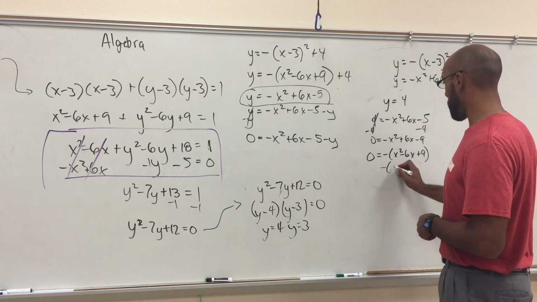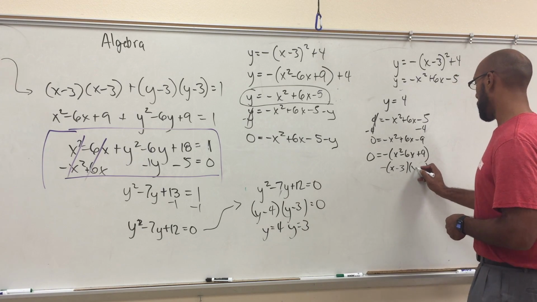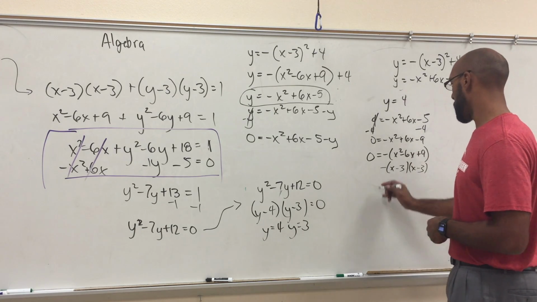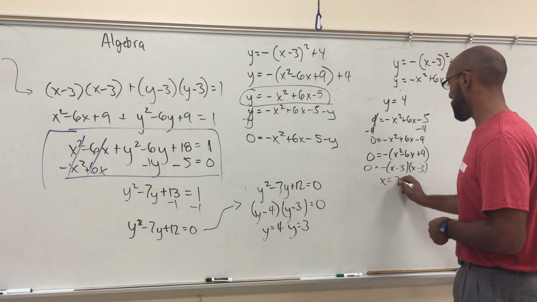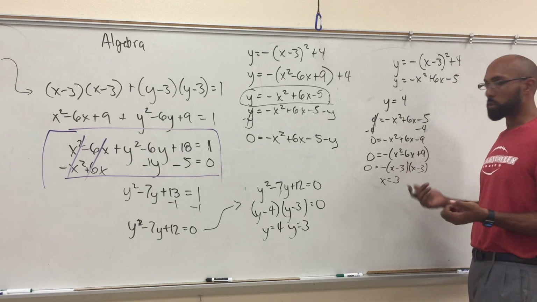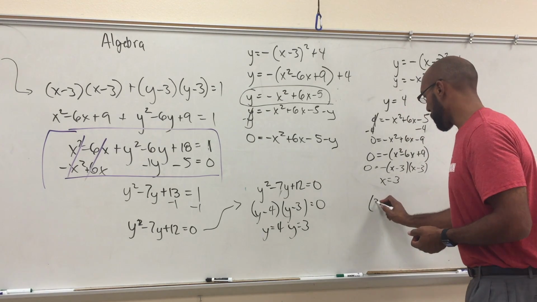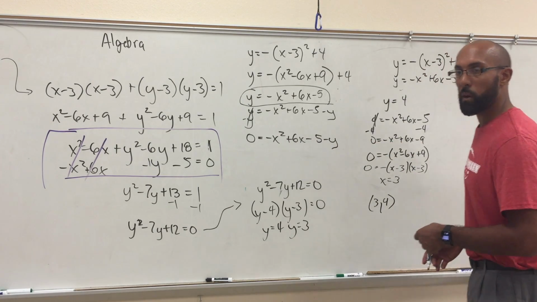Okay, so I get negative in the front. Now it'll be x minus 3, x minus 3. So that means I'm going to have the same solution here, just x equals 3 for 4. So that means there's only one solution for y equals 4, 3, 4, which follows what we have. We only have one solution for y equals 4.